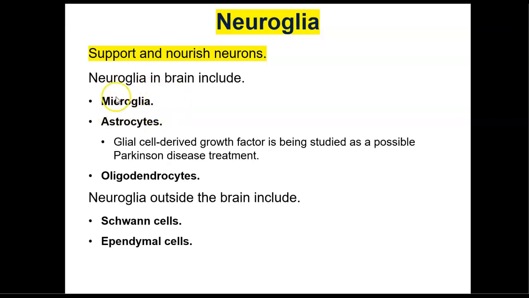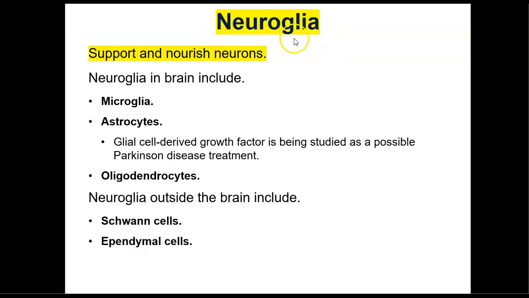They're phagocytes that engulf bacteria and other pathogens. There are astrocytes that form the blood-brain barrier. Oligodendrocytes that form the myelin sheaths around axons. And outside the brain, you have Schwann cells that do the same thing as oligodendrocytes do inside the brain. And ependymal cells form and circulate cerebrospinal fluid.